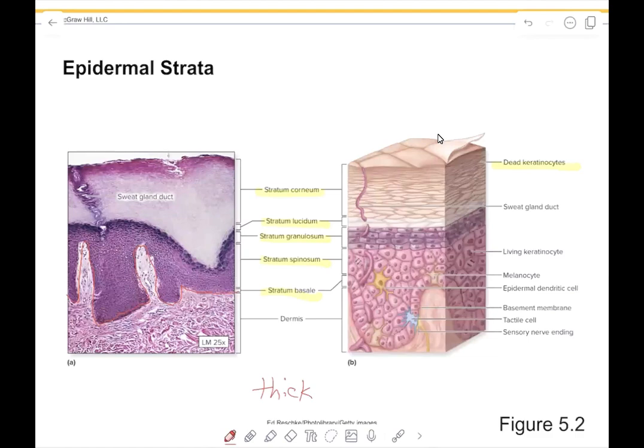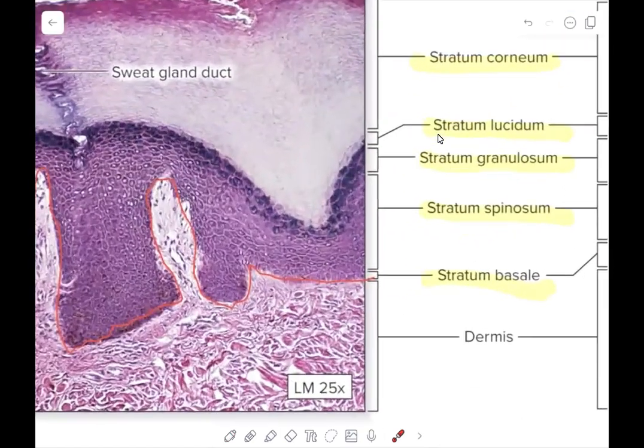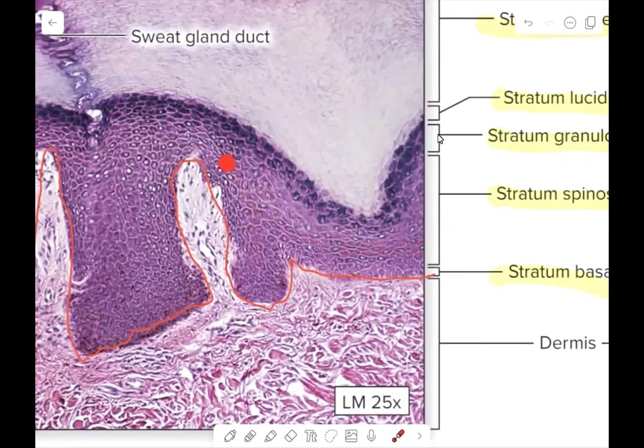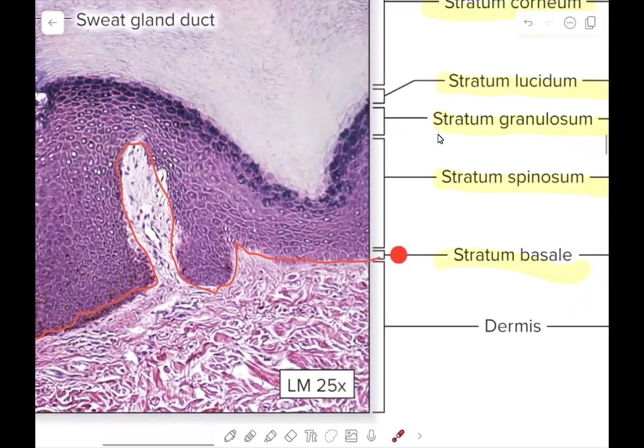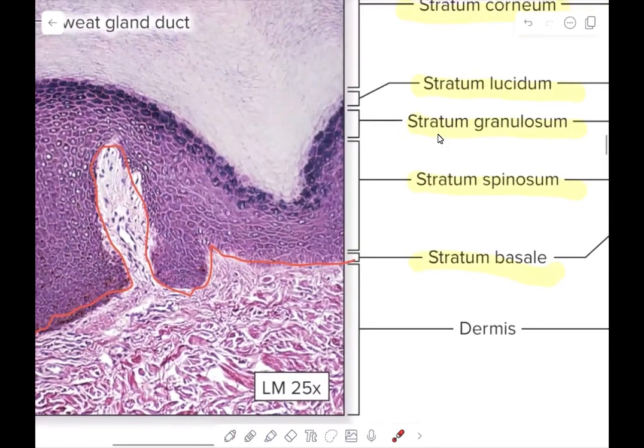And there are distinct differences in what the strata look like. For example, the stratum granulosum has this grainy appearance that you can kind of see here. The stratum spinosum has a spiky appearance here because of the nuclei, and the stratum basale is only going to be one layer of epithelial cells, and it is mitotically active.